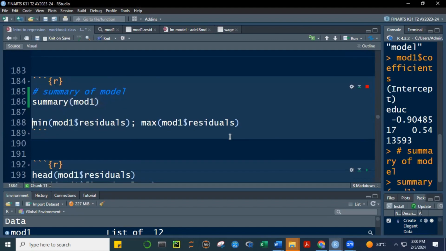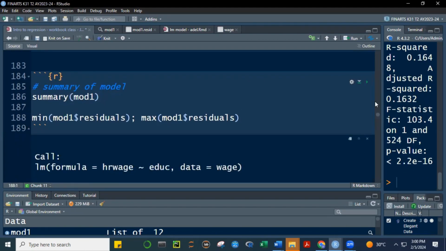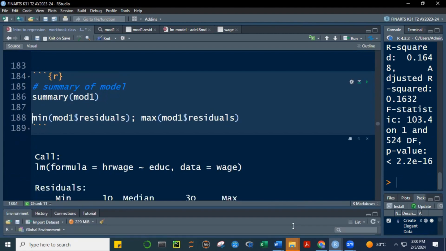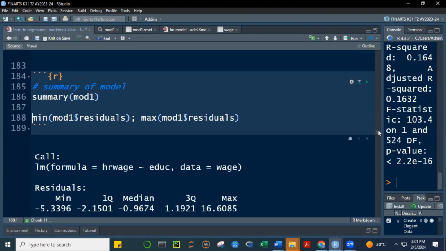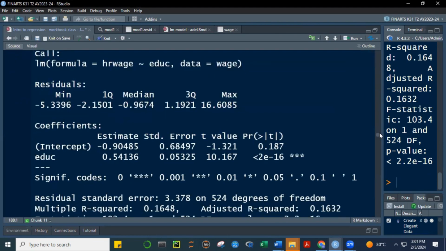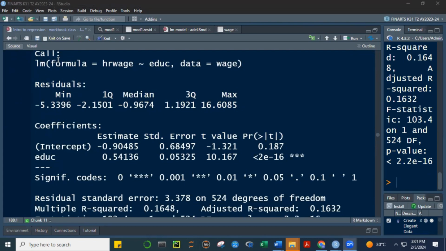Let's spend some time looking at this one. The summary function, class, tells us, number one, what formula did we use? Ito, di ba? So it's calling out the formula that we use: lm, hourly wage regression education, our data is equal to wage.